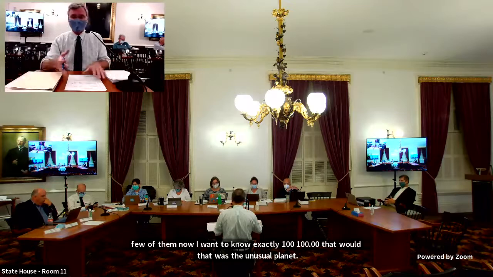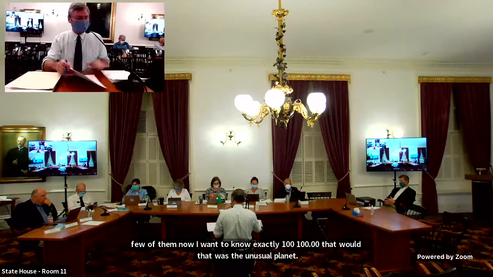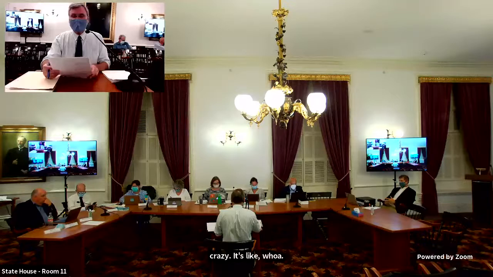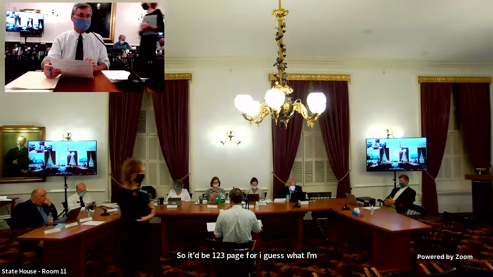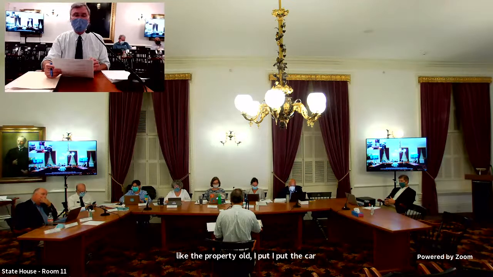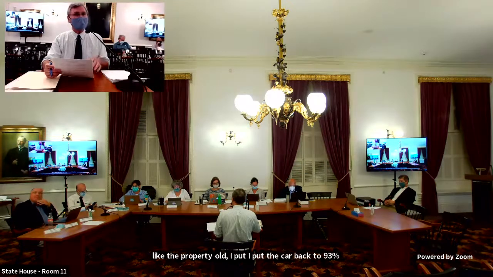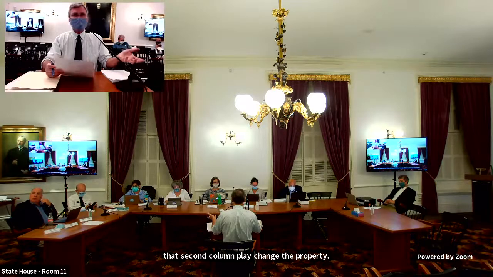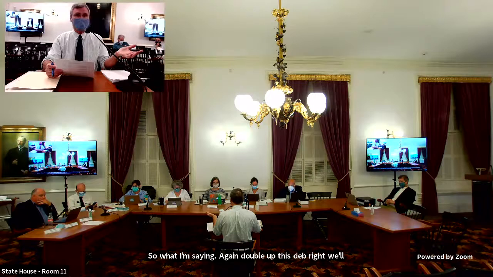So the next page, so that'd be 1, 2, 3, page 4. What I'm doing is in the property yield, I put the CLA back to 93% in that second column, but I changed the property yield. So what I'm saying, again, Deb Brighton will talk about this, is that the state has a little bit more money per pupil.